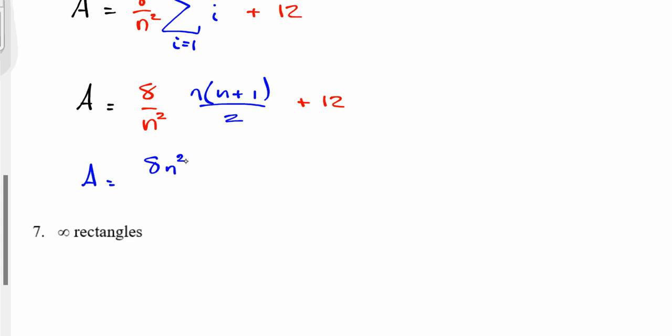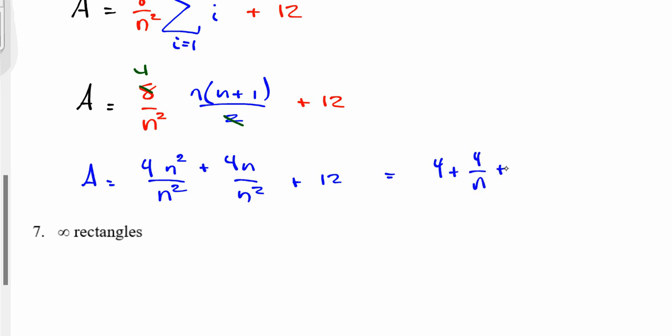Oh, let's reduce that first. 2 goes into 8 4 times. So then we'll have 4n squared plus 4n, each of them over n squared, plus 12, which is 4 plus 4 over n plus 12, which is 16 plus 4 over n.